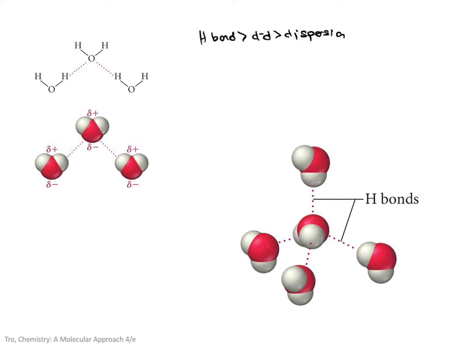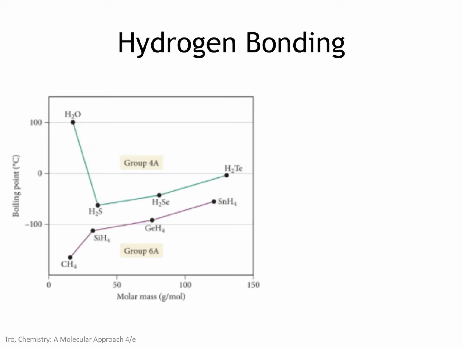So when you're comparing the strength of the intermolecular forces of different compounds, the boiling point will be much higher when you have hydrogen bonding than when you just have dipole-dipole.